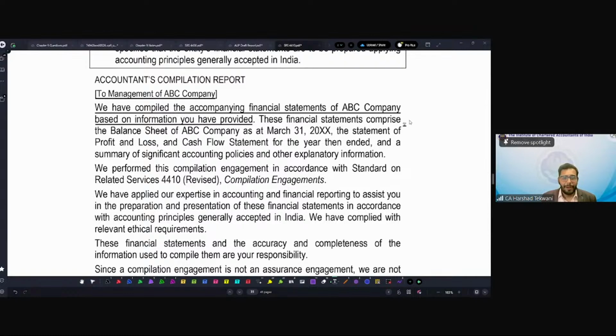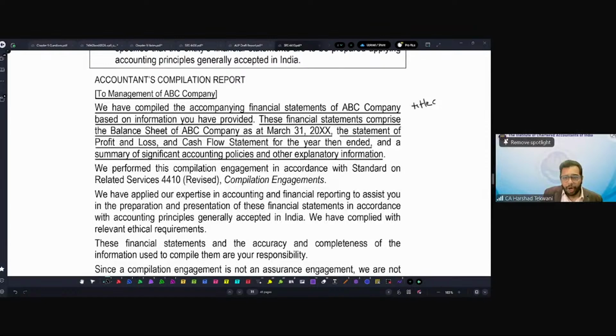The financial statements comprise the balance sheet as at March, because of the date of the balance sheet, the statement of profit and loss account, and cash flow statement for the year ended, a period because it is related to a period, and a summary of significant accounting policies and other explanatory information. So you have seen till now the title of each financial statement plus date or period.